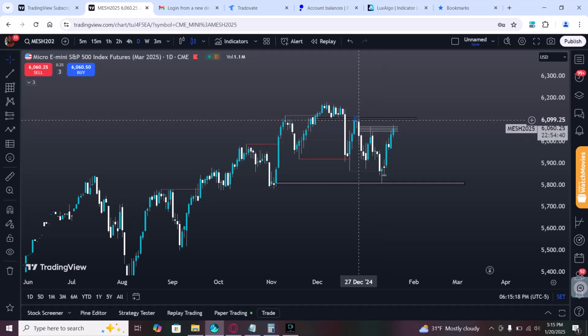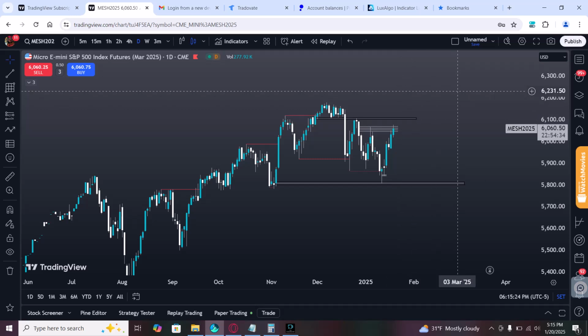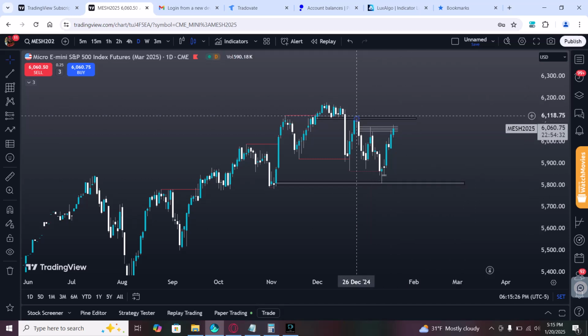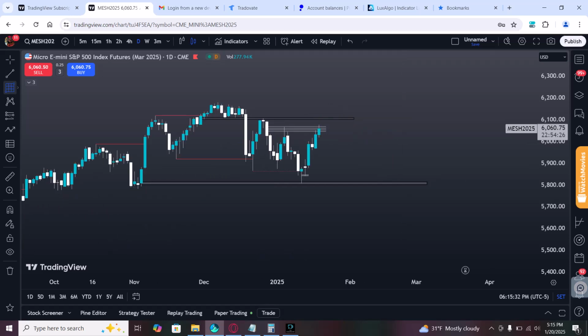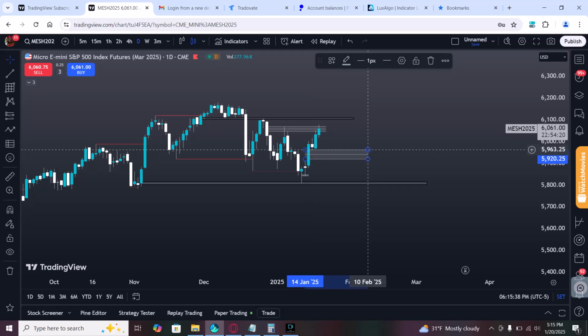But like I said, once this high gets taken out, then yes, it'll be back in bullish territory. But for now, this high needs to be taken. But I see price even coming down to a daily fair value gap right here. The higher the time frame, the stronger these zones will be.